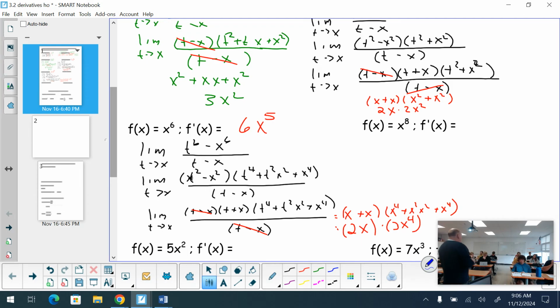So if we were taking a look at x to the 8th, following the pattern, what would be the derivative of x to the 8th? Nick? 8x to the 7th. 8x to the 7th.